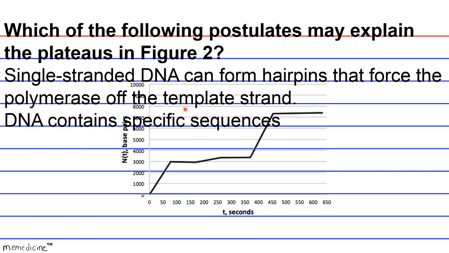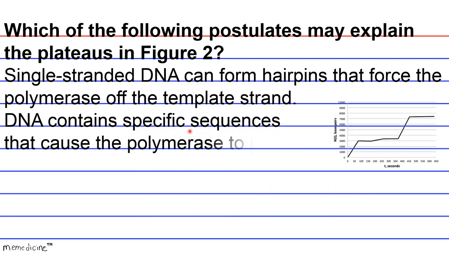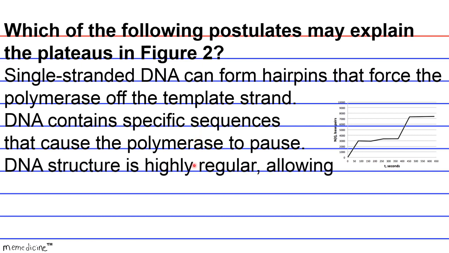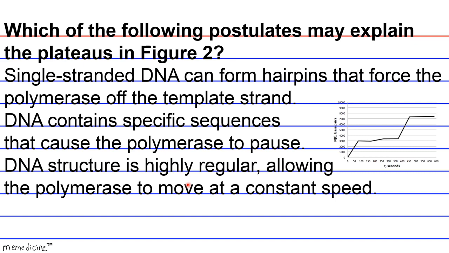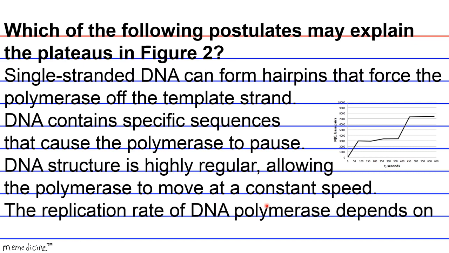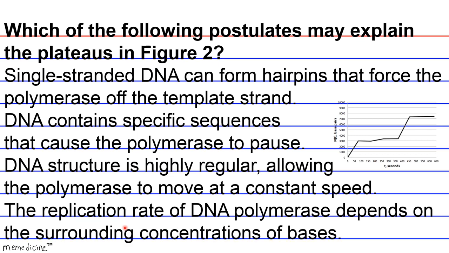B, DNA contains specific sequences that cause the polymerase to pause? C, DNA structure is highly irregular, allowing the polymerase to move at a constant speed? Or D, the replication rate of DNA polymerase depends on the surrounding concentration of bases?